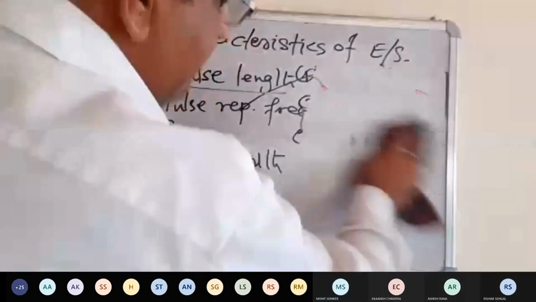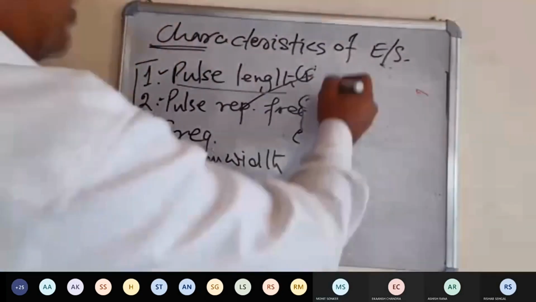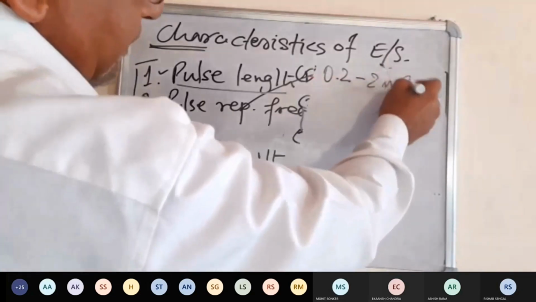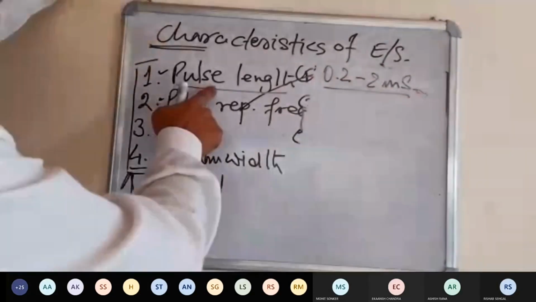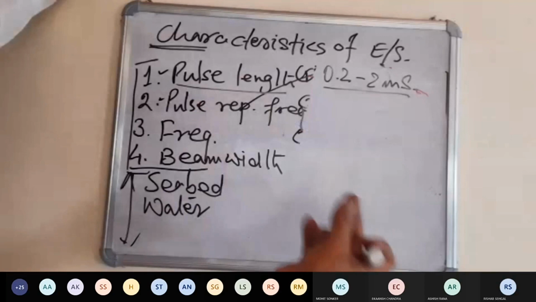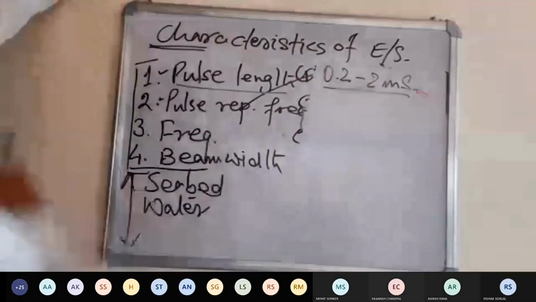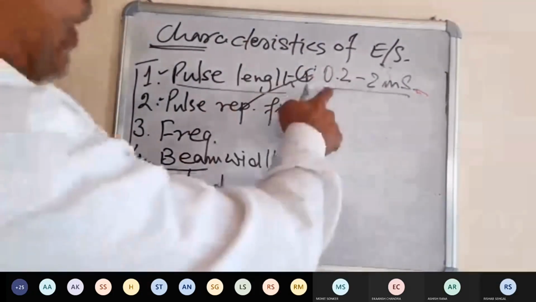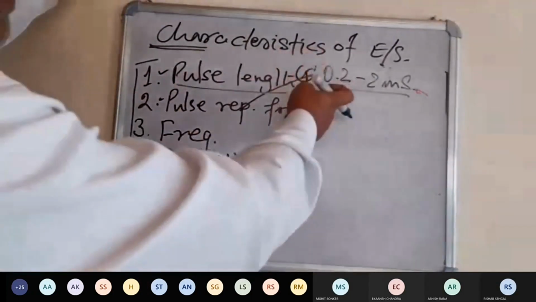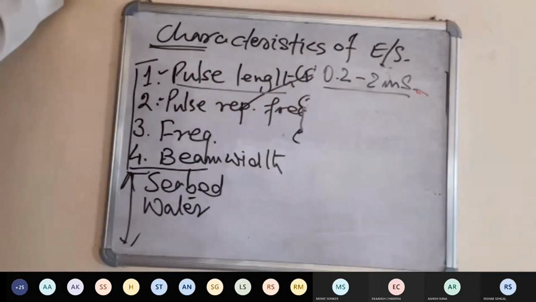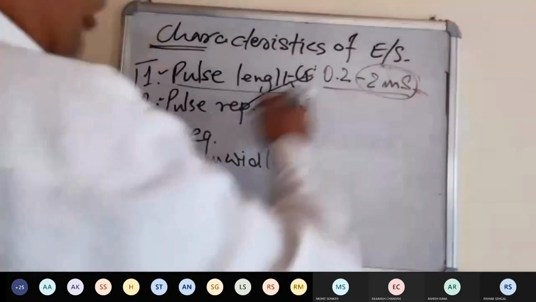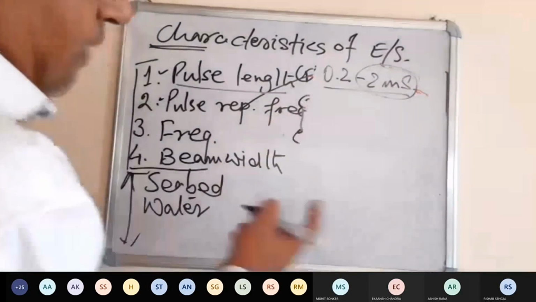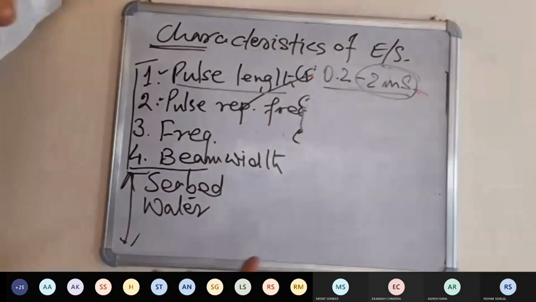The pulse length value generally varies from 0.2 to 2 milliseconds. Remember that pulse length is the duration during which the pulse is on, the transmission is happening. If the time between the dot and the dash is 0.2 milliseconds, then the pulse length is 0.2 milliseconds. Let us consider a case when it is 2 milliseconds. In 2 milliseconds, what is the distance traveled by the pulse?